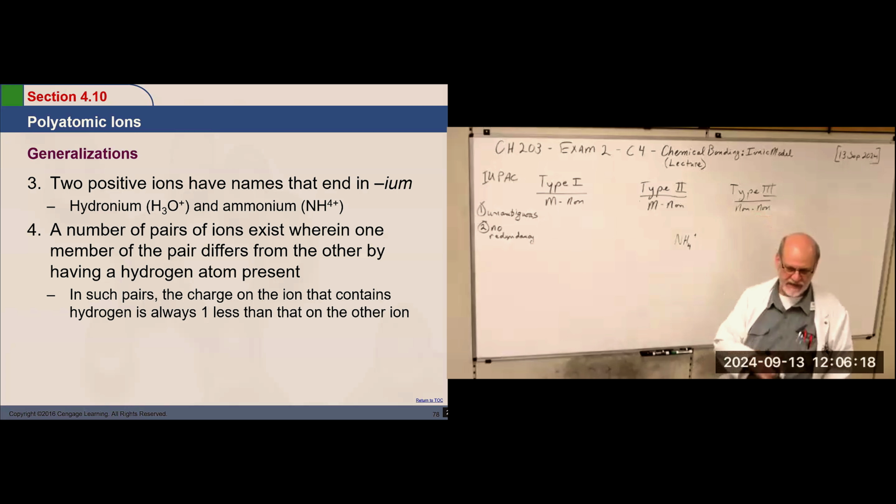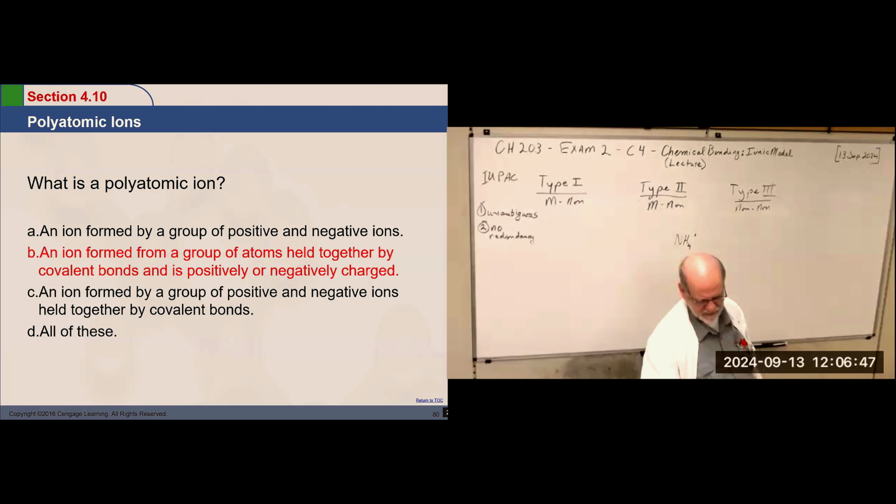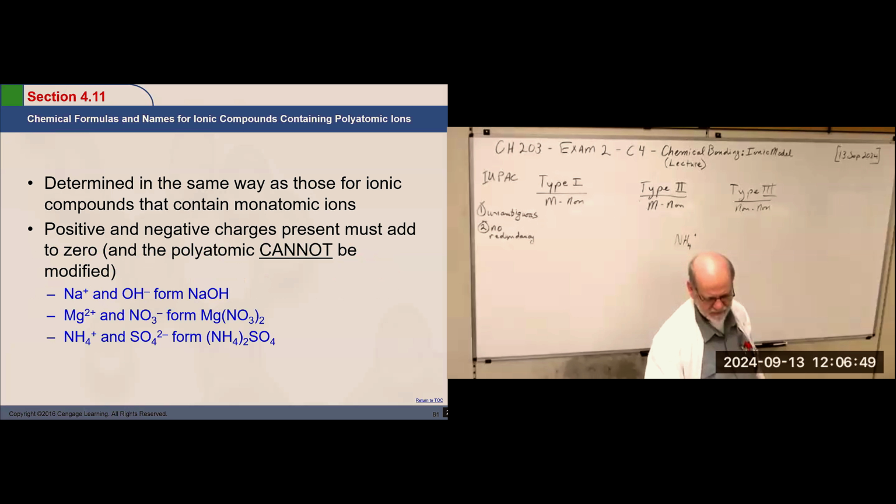And the hydronium ion is one that we'll talk about when we talk about bona fide acid-base reactions. Then we'll get into the hydronium. But it is a polyatomic ion. It's just we don't find it in compounds. We find it off by itself, doing its own thing.